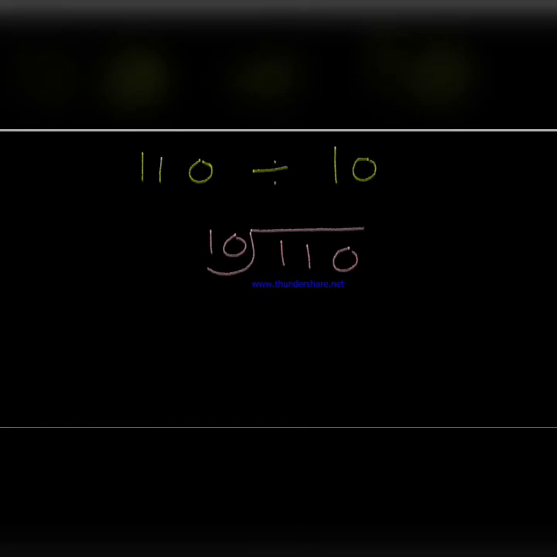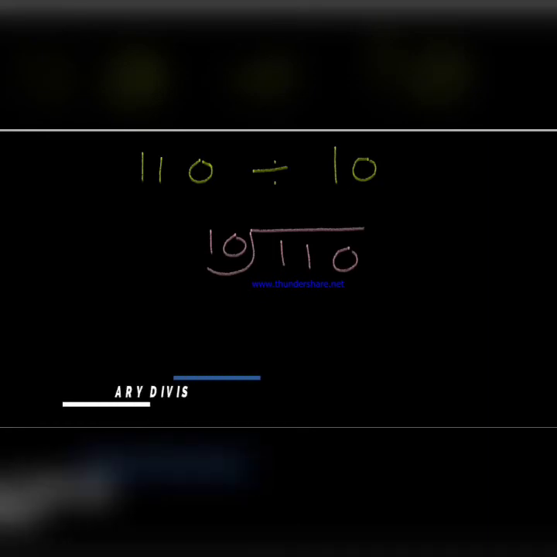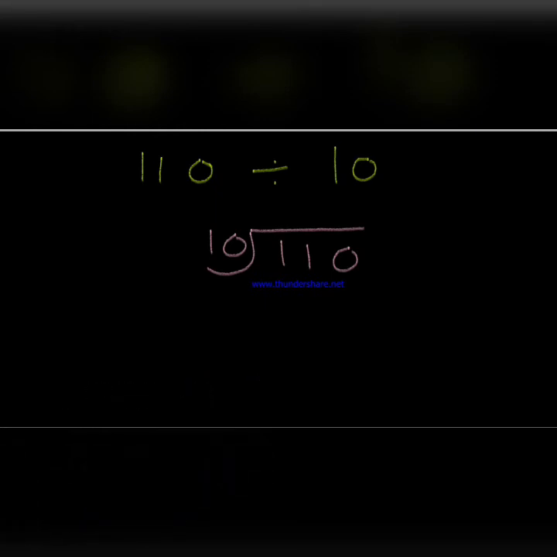The last concept is binary division. The method to perform the division of two binary numbers is the same as that of decimal numbers. To understand that, let's take an example. So I have to divide 110 by 10. First of all, I will multiply my divisor with the quotient 1, because 10 multiply 1. So here I will write 10 and here I will write 1.